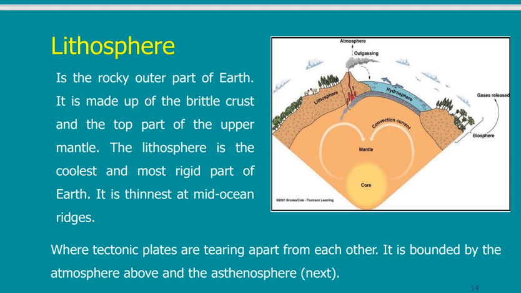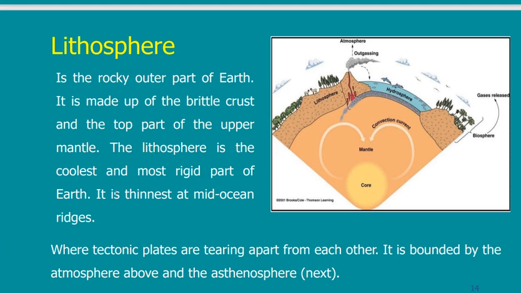It is made up of the brittle crust and the top part of the upper mantle. Did we study mantle? No, we did not say anything about the mantle. Mantle is the next layer that we are going to study. But here, that's why I put the lithosphere as the bottom layer I'm describing, because it has part of the crust and part of the next layer that we are going to study.